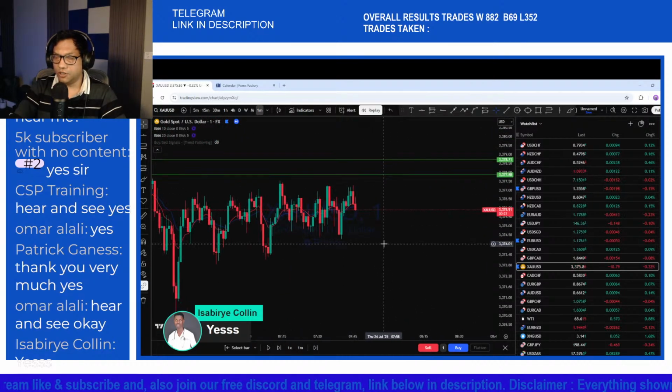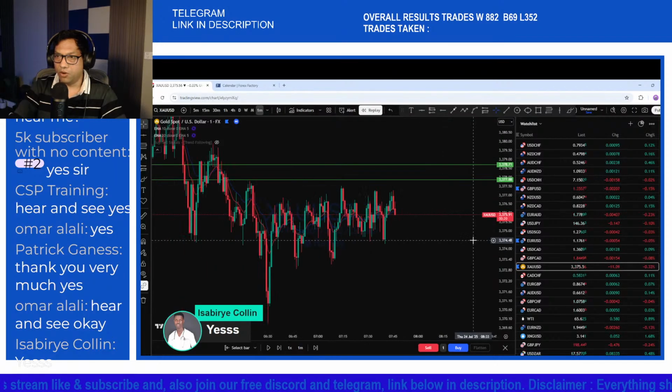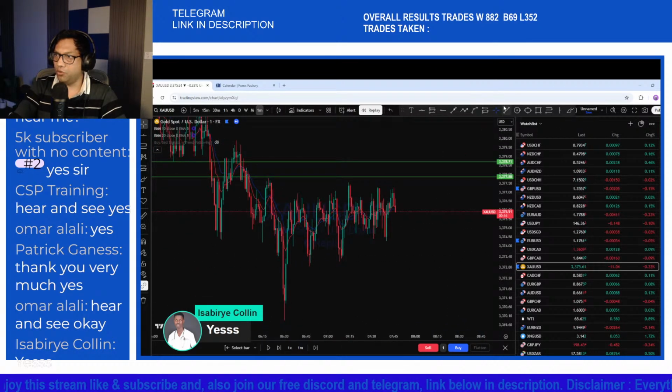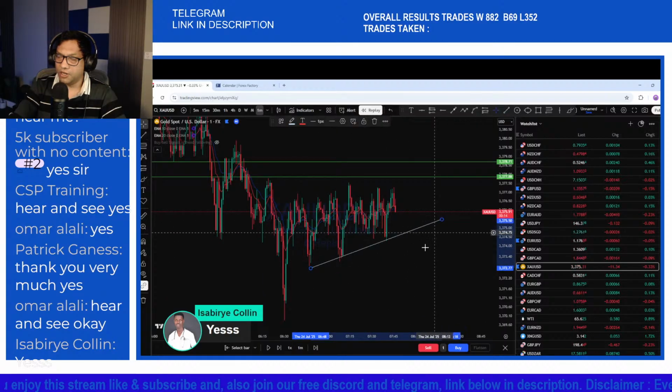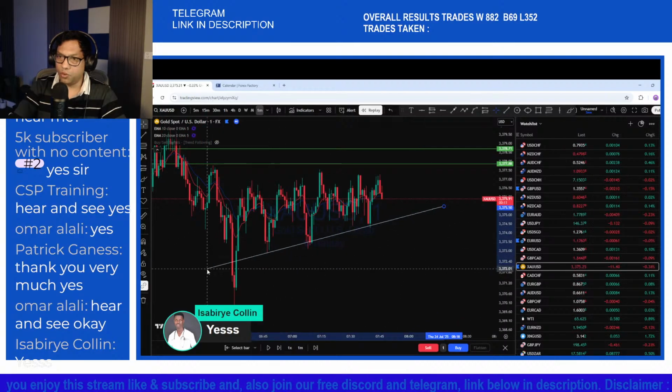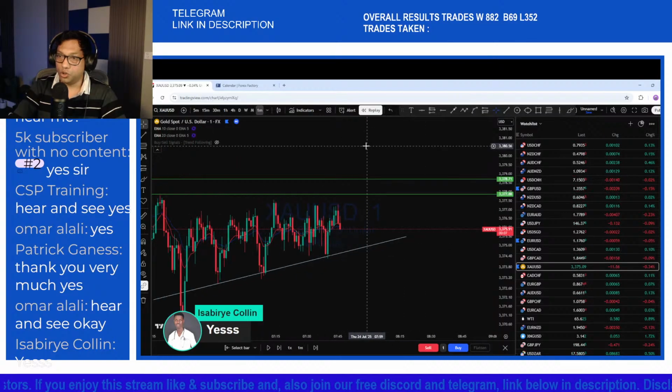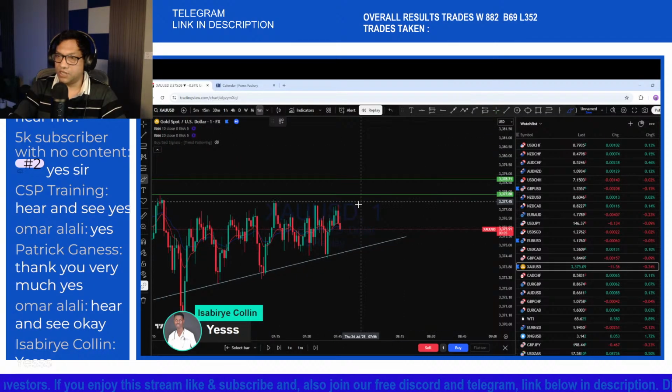Here you can see the market slowly trying to break below from this structure, which is in a range. If you look at this range here, you can see the market is maintaining this support from this range, and expecting it to possibly break back to the upside here.